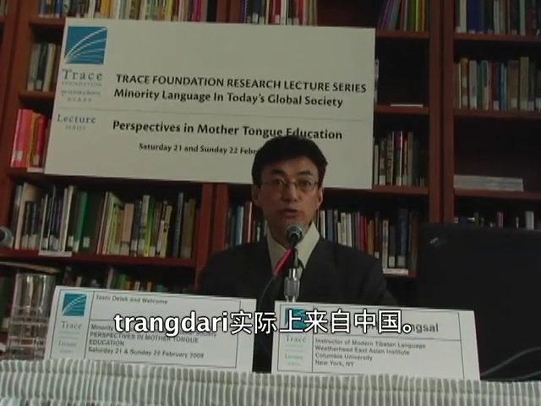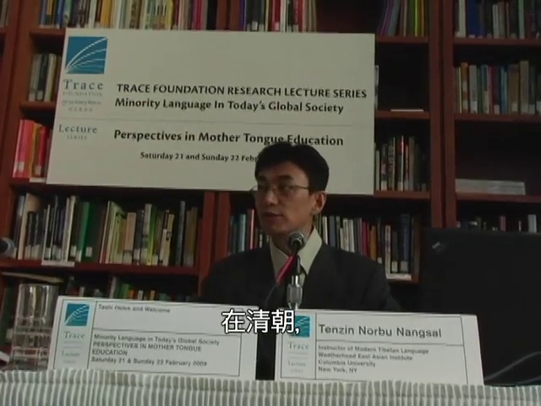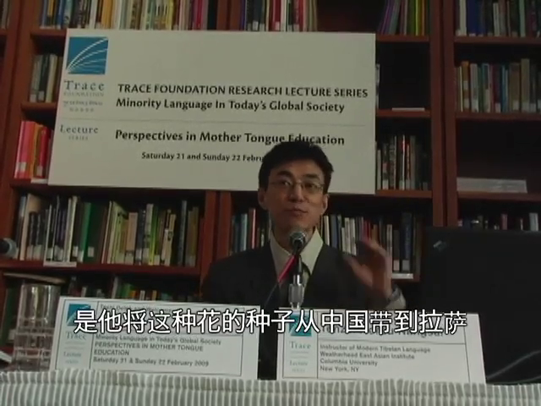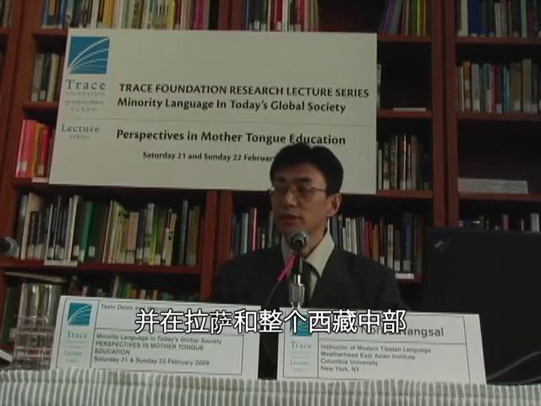Because in Tibet, during the Manchu period, there was one Chinese ambassador whose last name was Dang. And he brought this flower seed from China to Lhasa, and planted it. And in Lhasa this flower was widely planted, in Lhasa and central Tibet.